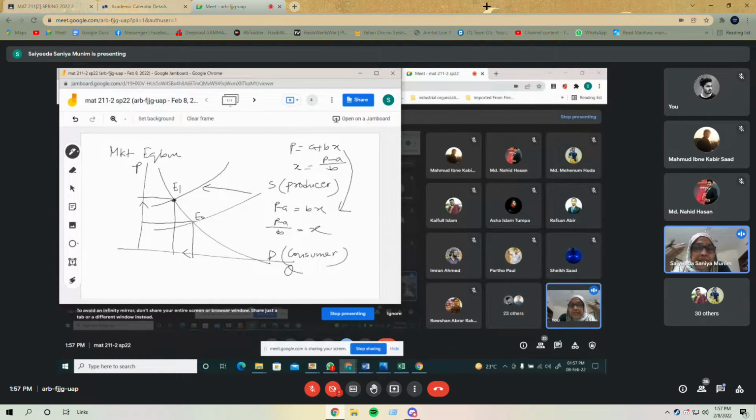So I might be skipping steps, and you might have problems following it. Why am I skipping steps? Because I have to finish certain things within a time. So I'm assuming that you know these steps. Because this is the MAT211 course, I am assuming that you know how to find X from these equations. You know how to solve systems of linear equations.